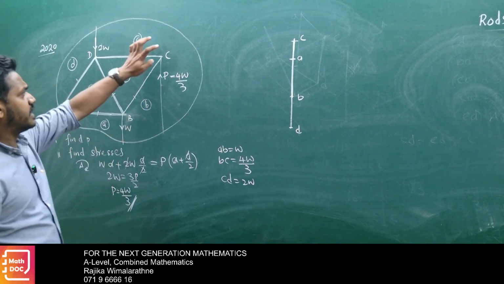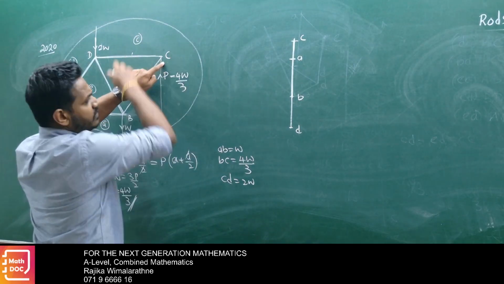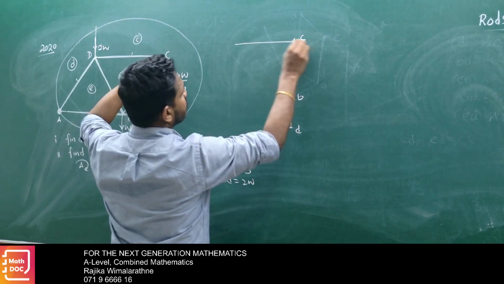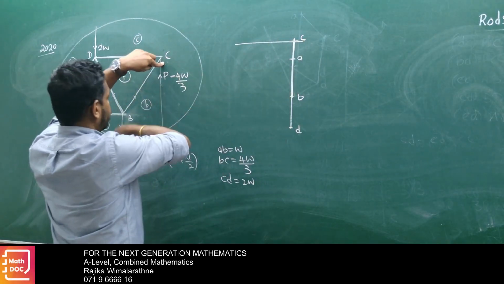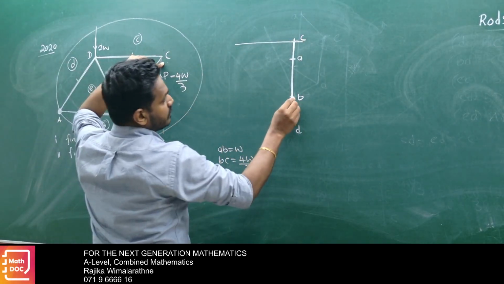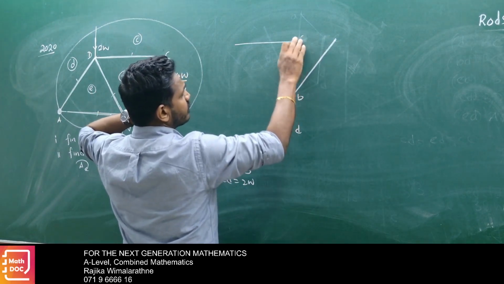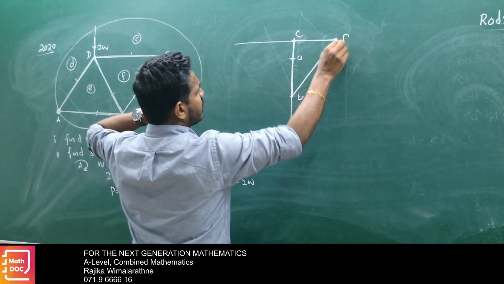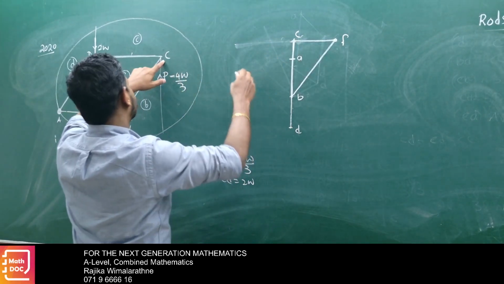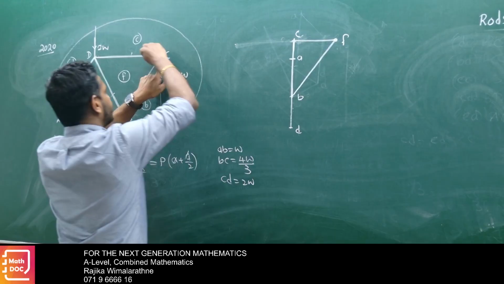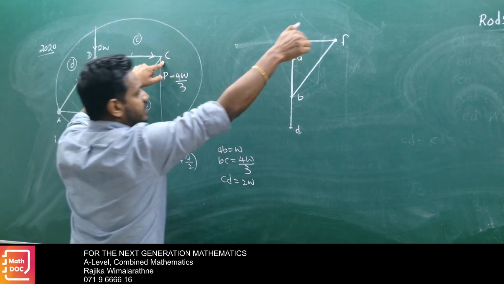Then you go to this vertex, complete it. CF horizontal, FB to the horizontal 30, 60, no? At the same time mark the forces: CF this way, FB here this way.